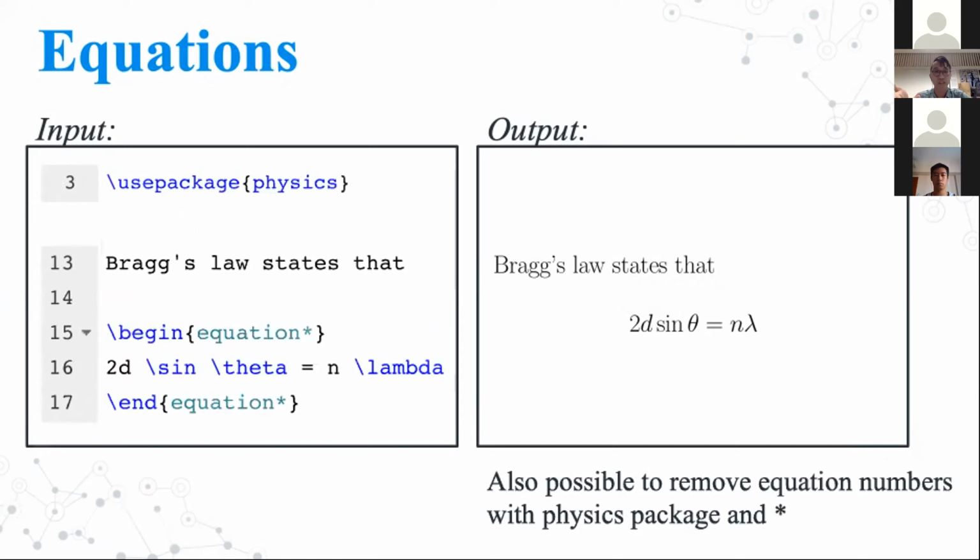Different functions have different changes applied to them, and we will explore a bit of that later. So feel free to play around with it. If you put begin equation with an asterisk, notice your equation number disappears also. But you have to have imported the physics package.